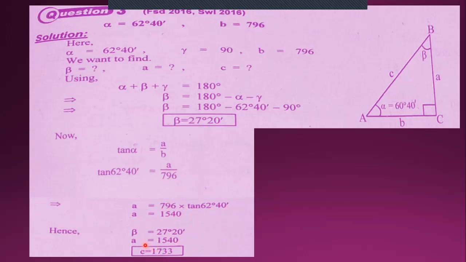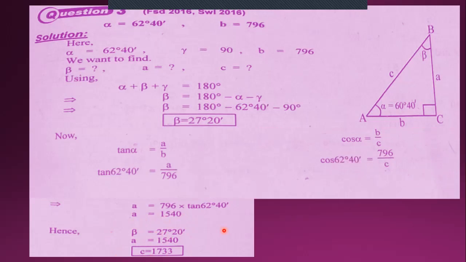Then look at beta equal to 27 degree 20 minutes. It is the answer I was telling you about; we will consider it at the end. Then we are to find C as well.